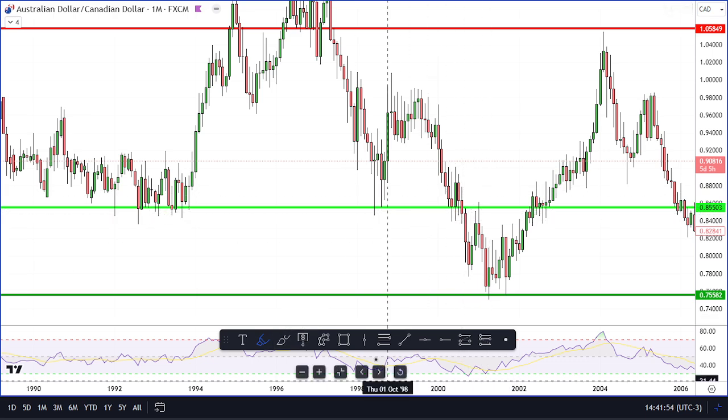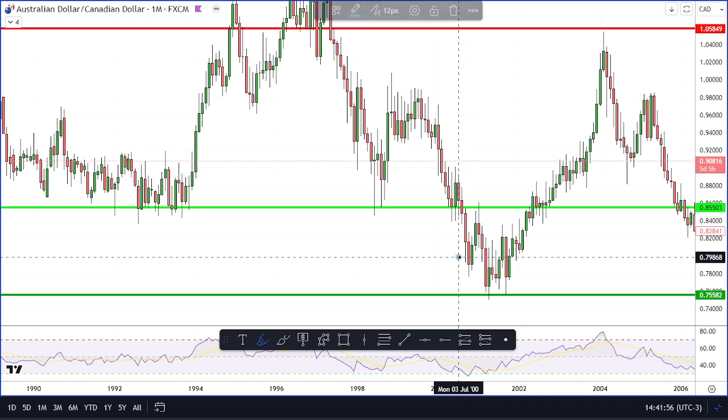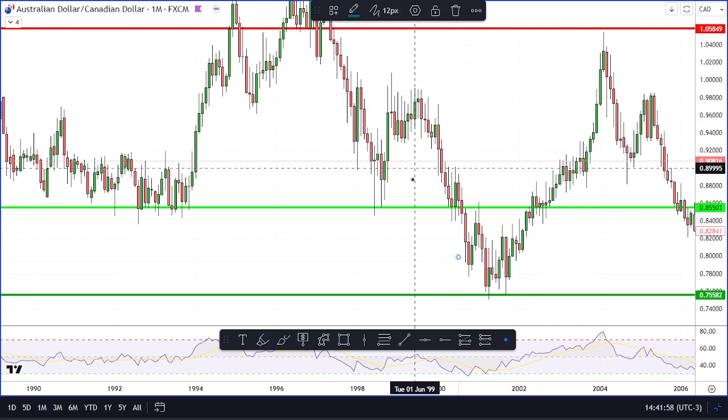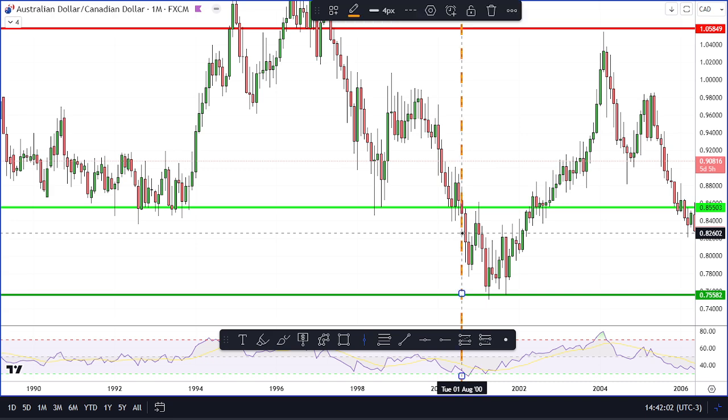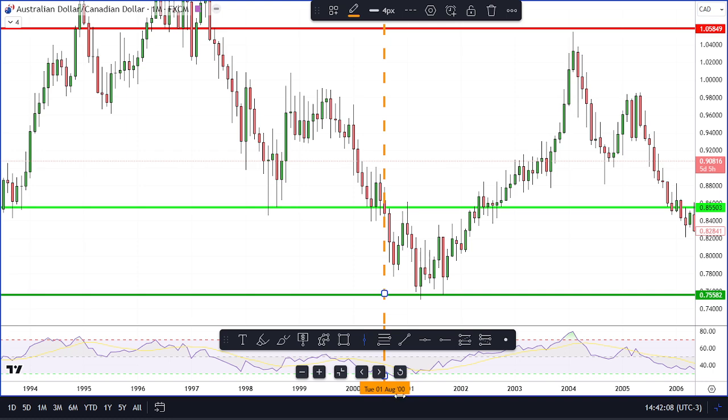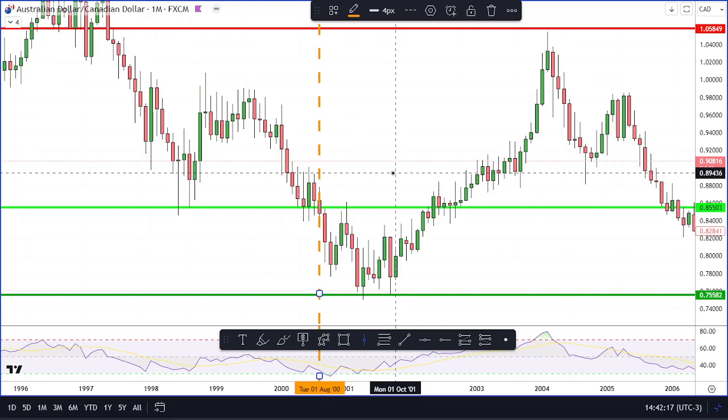Speaking of this area, let me put a line. That was, as you can see right here, the 1st of August 2000. The market broke that support level.